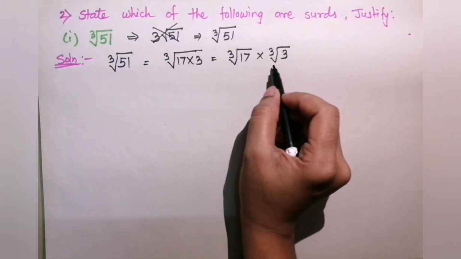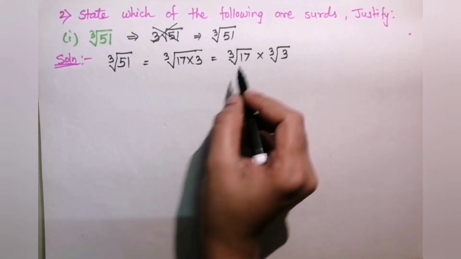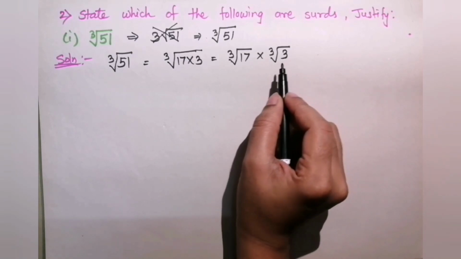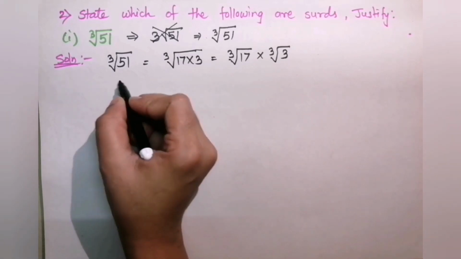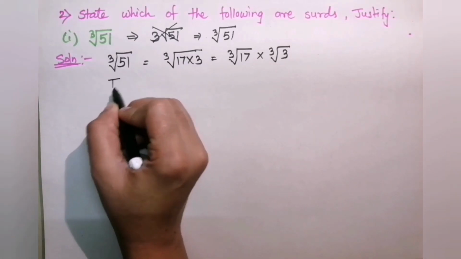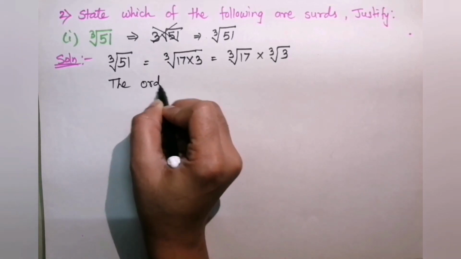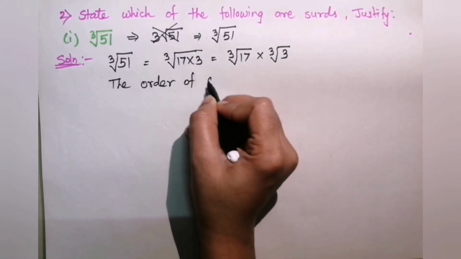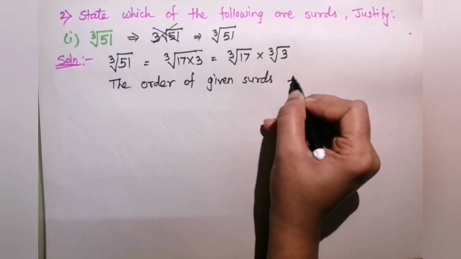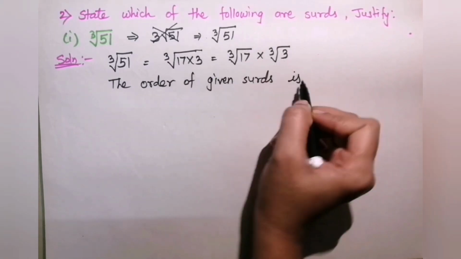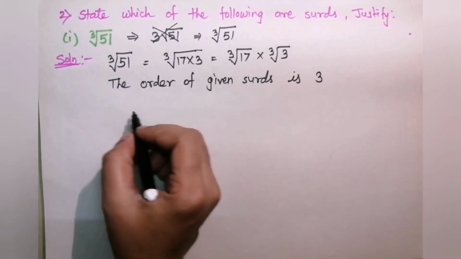So how to justify? First, students, write down their orders and their radicands. After that, write down the reason why they are surds or not. So first write down the order of the given surd. What is it? 3. The order is 3.